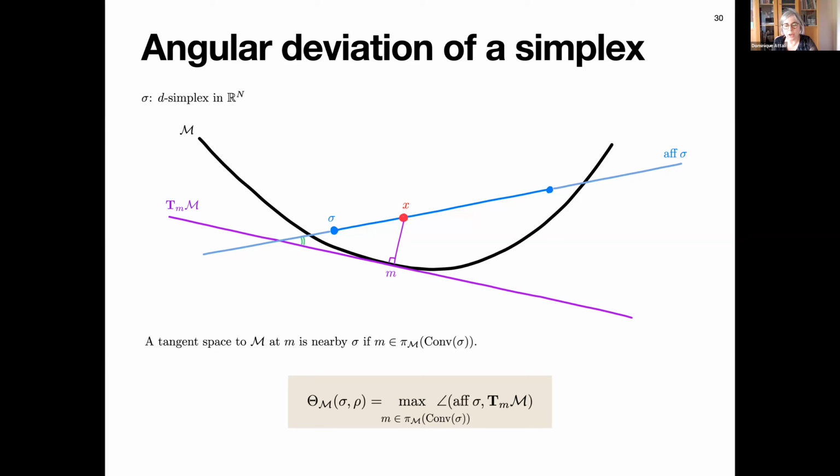We call the angular deviation of sigma at scale rho the maximum angle that the affine space spanned by sigma makes with a nearby tangent plane. And we will want this angular deviation to be sufficiently small.